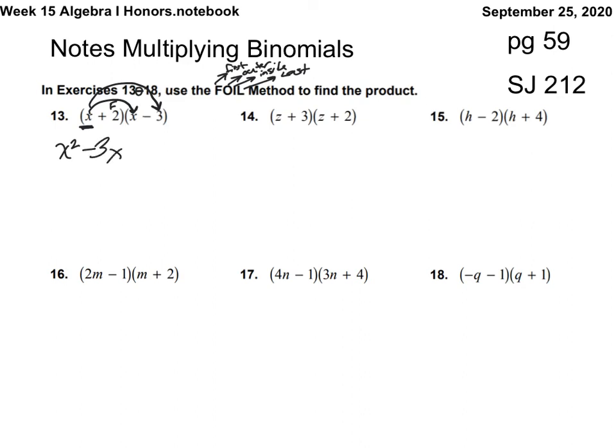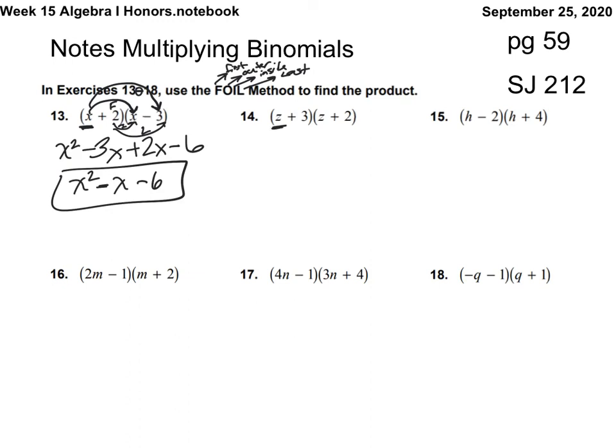Negative 3x. Inside terms. 2 times x. Positive 2x. Last terms. Positive 2 times negative 3. Negative 6. Then add your like terms. X squared, negative 3x plus 2x is negative 1x minus 6.